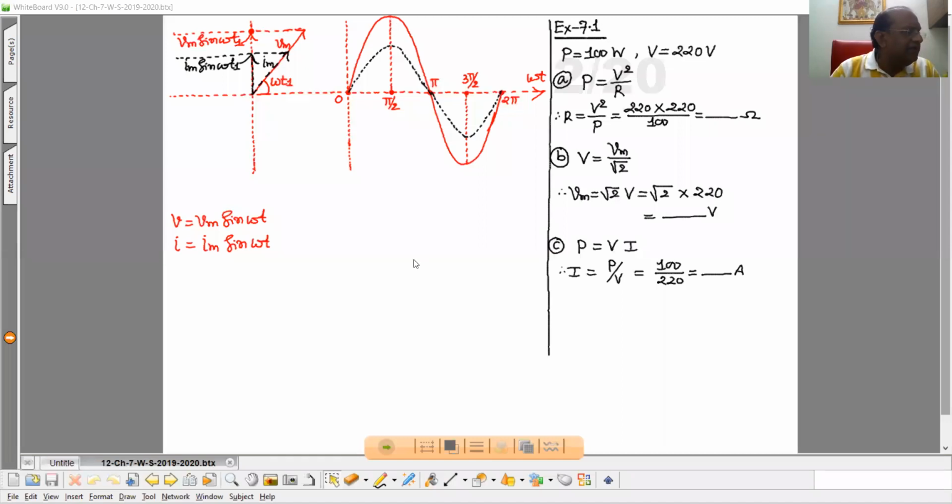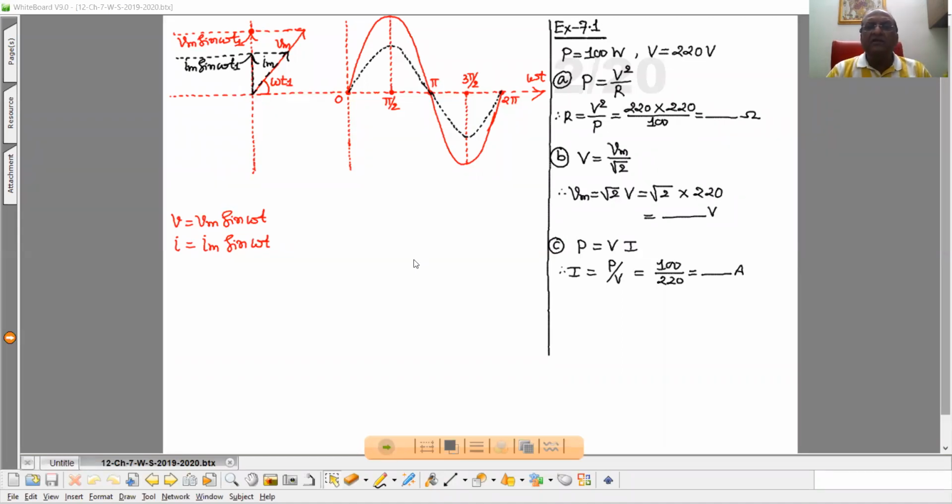Example 7.1. A light bulb is rated at 100 watt for 220 volt supply. Find A, the resistance of the bulb, B, the peak voltage of the source, and C, the RMS current through the bulb.